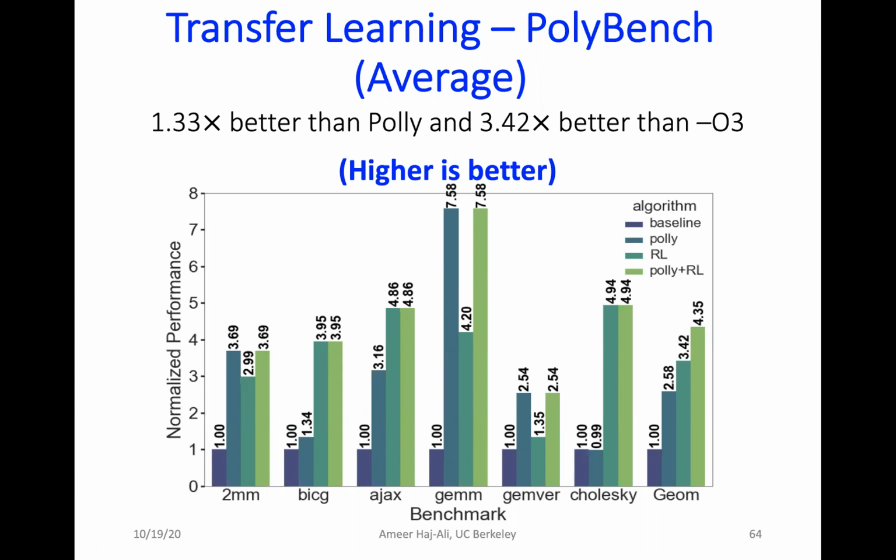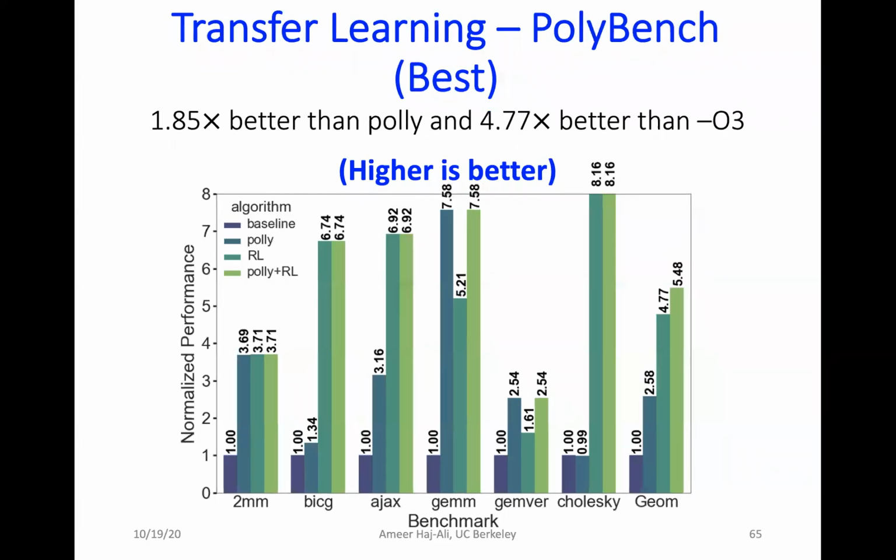And if you combine both Polly and RL, you can actually get the best of both. This shows the average performance: you do inference 5 times and then you take the average. But if you take the best, which is just 5 compilations, and take the best factors, you would get 1.85x better than Polly and almost 5x better than -O3.